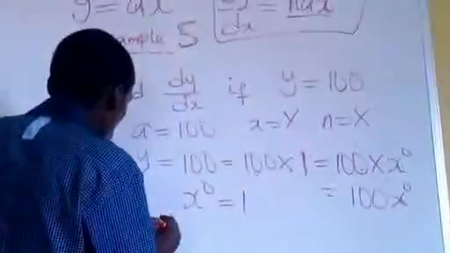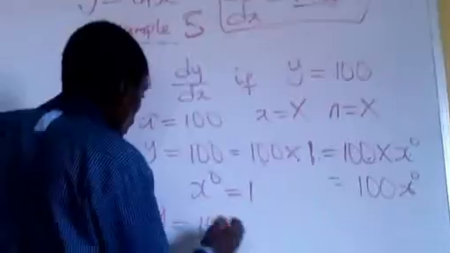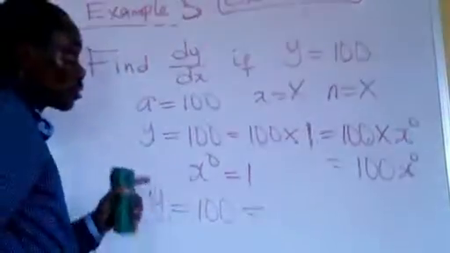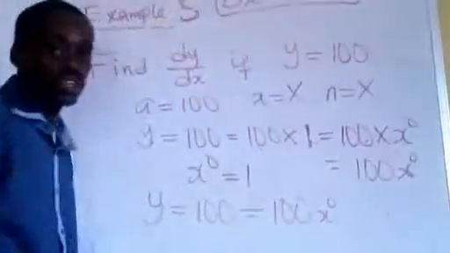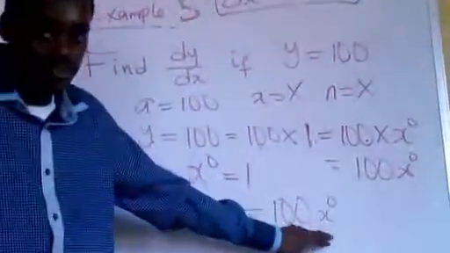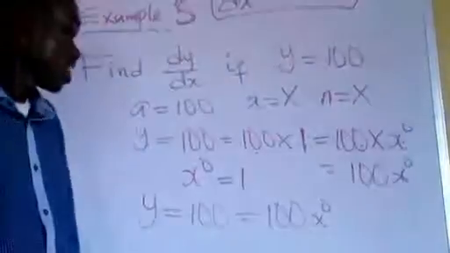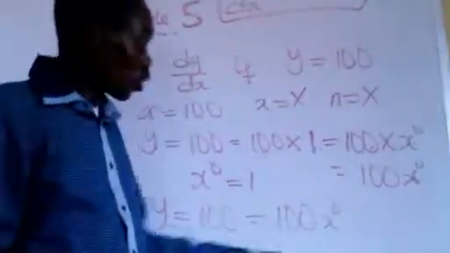So y equals 100 can actually be rewritten as 100 x raised to power 0. So we've successfully introduced x. We've not changed anything because x raised to power 0 is 1 and 1 times 100 is 100.